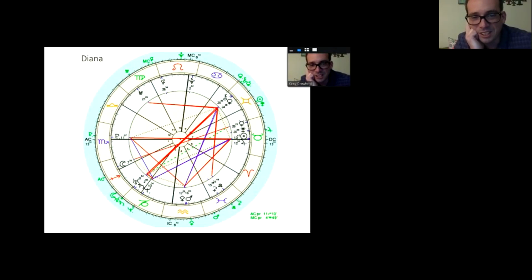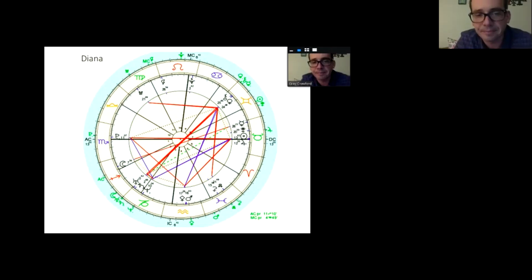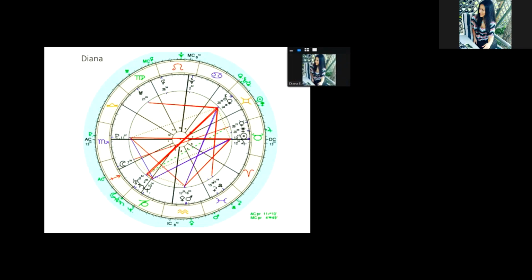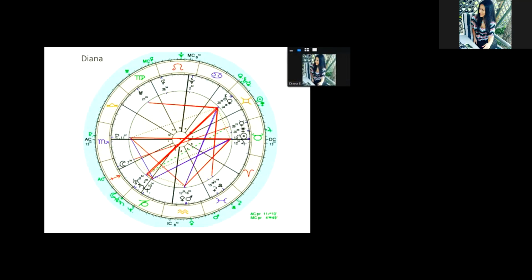So let's see. I don't know if you want to say something about just that basic relationship structure in your natal chart. Yeah, no, you and then I can go from there if you want. Are you talking about the Taurus, Scorpio polarity? Yeah, and the Venus, and just like your natal. Yeah, it all ties together.